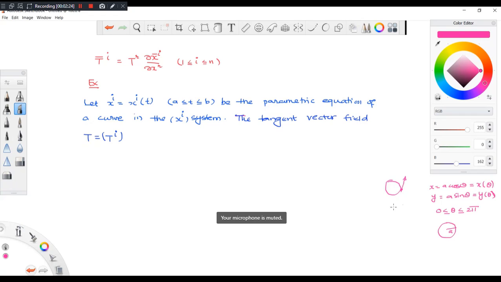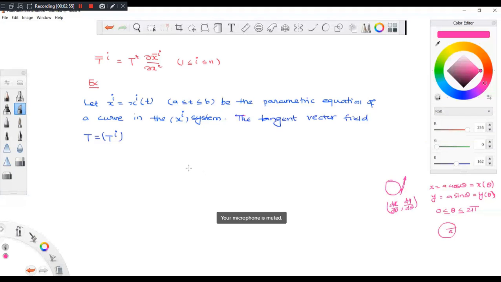This tangent will be represented by dx by d theta and dy by d theta. So it will be a vector with two components, dx by d theta and dy by d theta. That will be the slope of the tangent at this point. The components in the x and y directions are given by this.